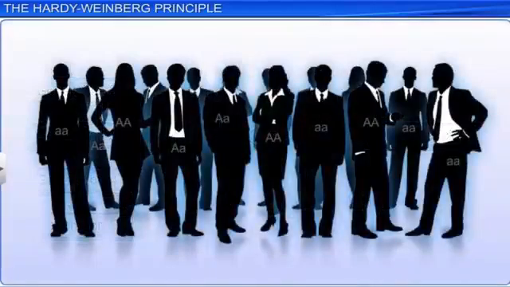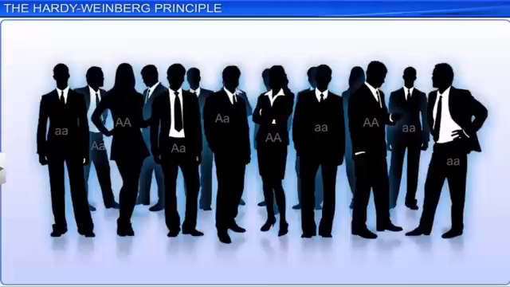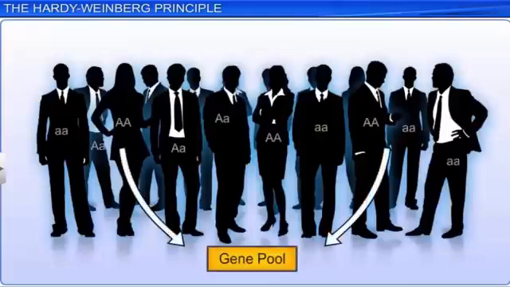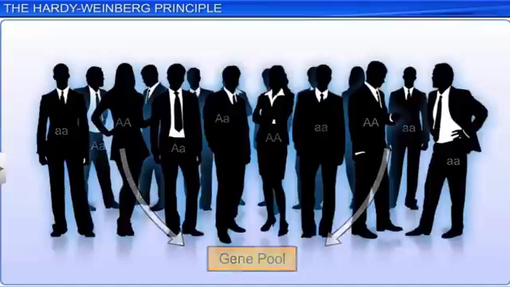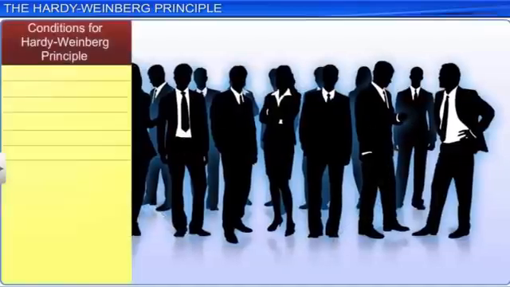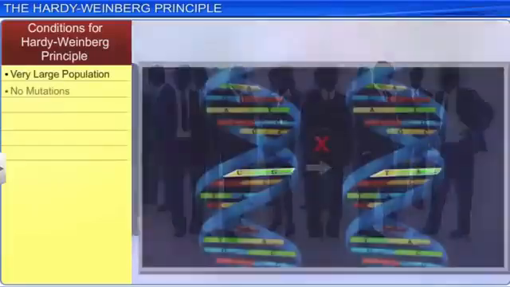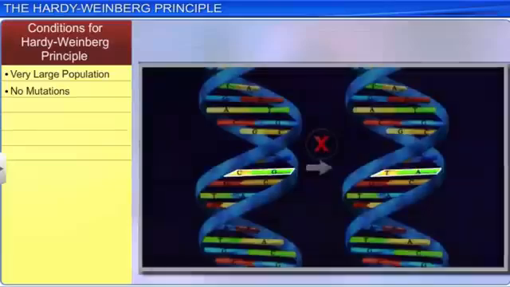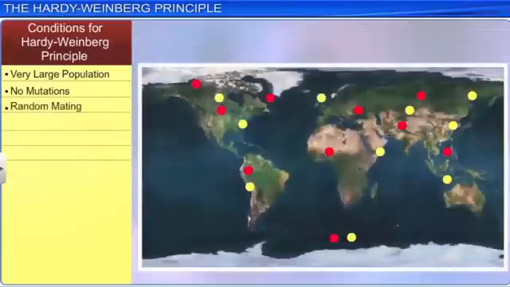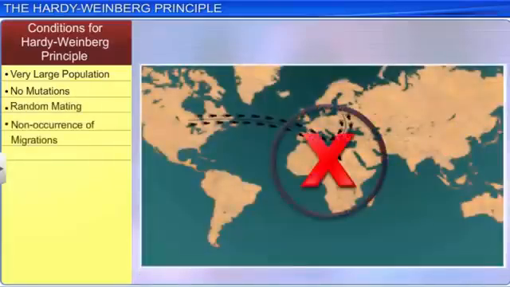In other words, the totality of alleles of all genes in a population is called the gene pool, which remains constant for a given population. The conditions assumed for the Hardy-Weinberg principle are a very large population, no mutations, random mating, and non-occurrence of migration.